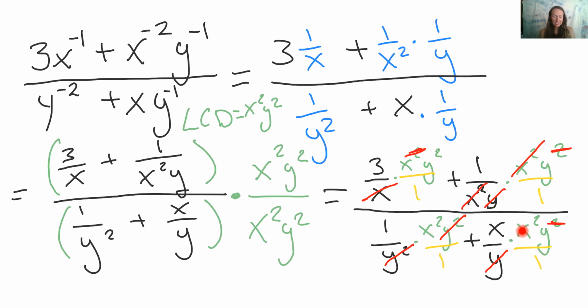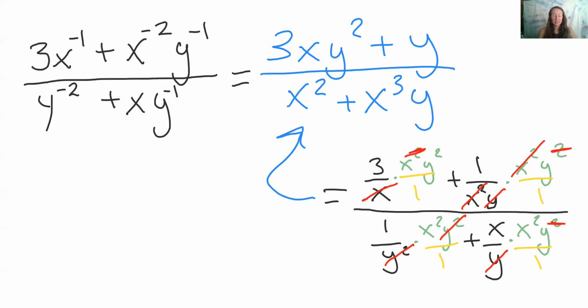And just take a second to look at that while I rewrite it for us. All right, so we did all of our simplification. The first term became 3xy squared. The second term just became a y.